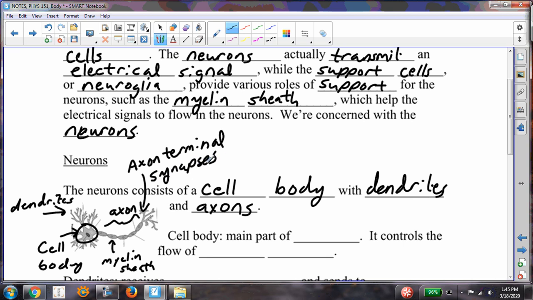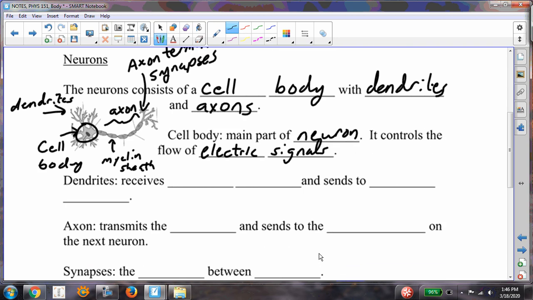You'll need to know the different parts of the neuron. The cell body is the main part of the neuron. It controls the flow of electric signals. The dendrites receive input signals and send them to the cell body.